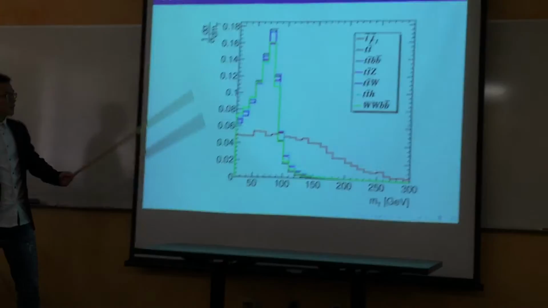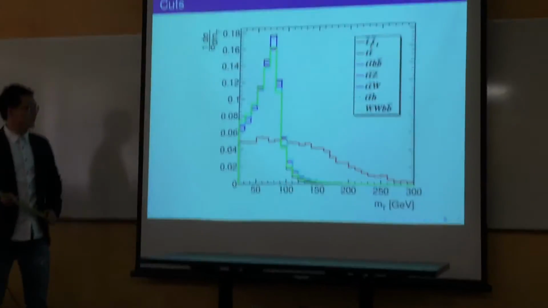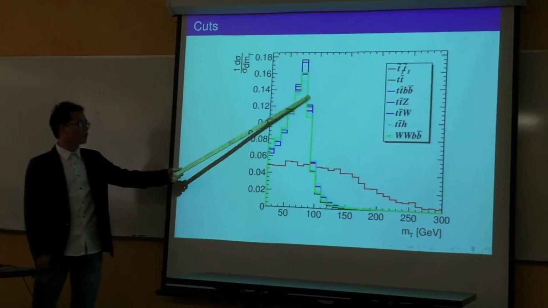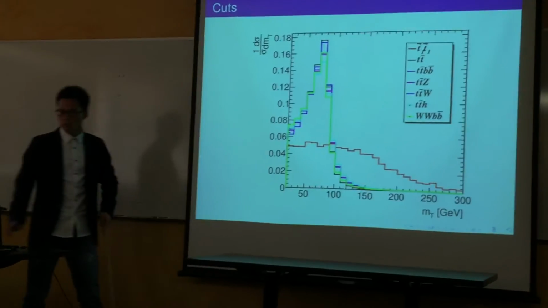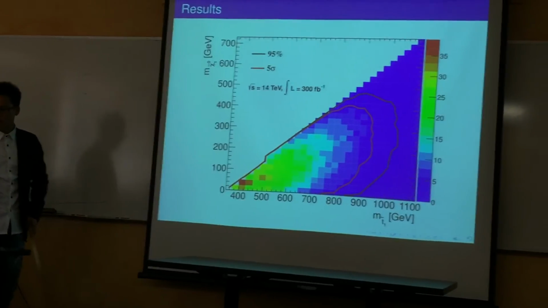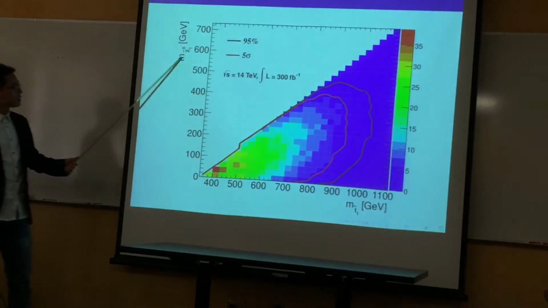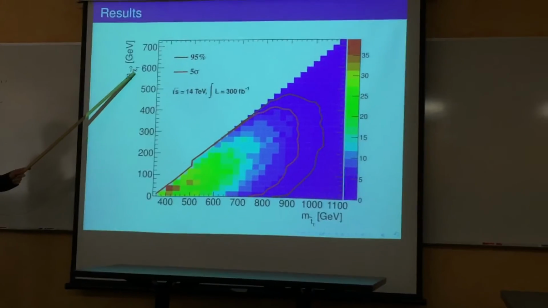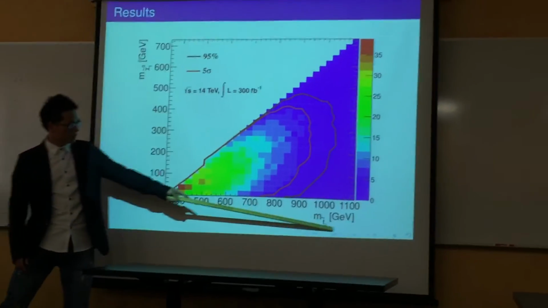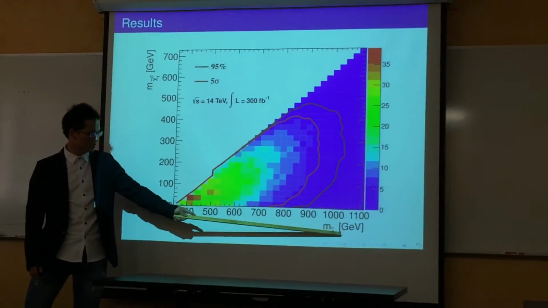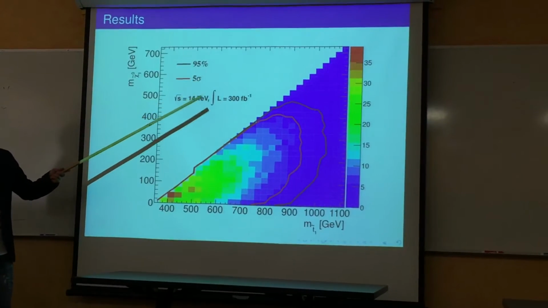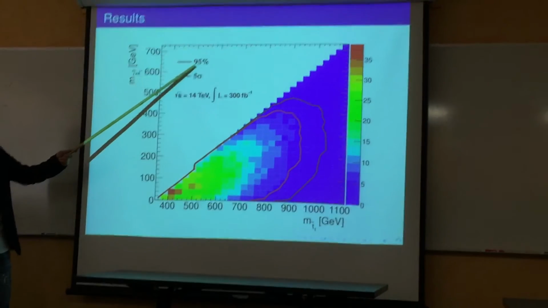When we apply these cuts to enhance our signal and in the meantime suppress the backgrounds, we have the results. This axis is the LSP mass. This is the stop mass we are interested in. In this plot, the 5 sigma line is the discovery reach.